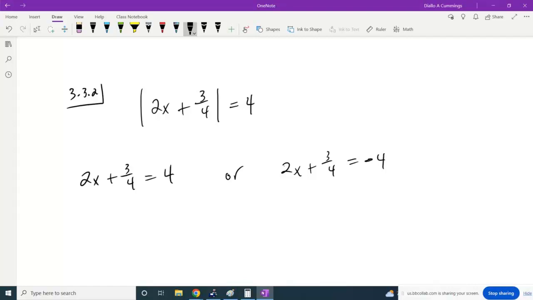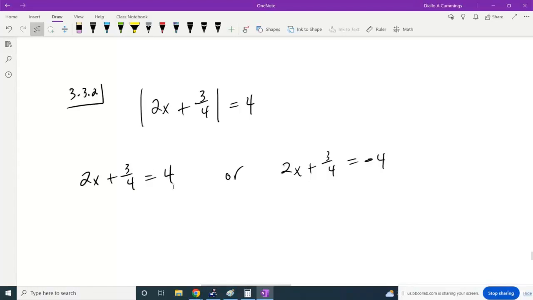All right, so when we were solving linear equations, there were 6 steps. The first step says remove the fraction. So the first thing I'm going to do here is remove the fraction. You remove the fraction by multiplying both sides by the least common denominator. So there's only one denominator here, which is 4.